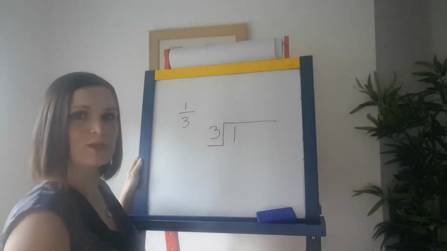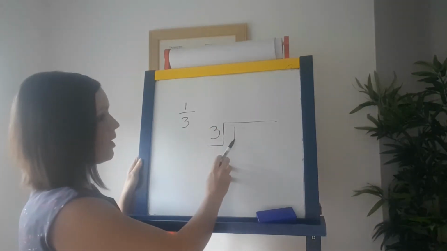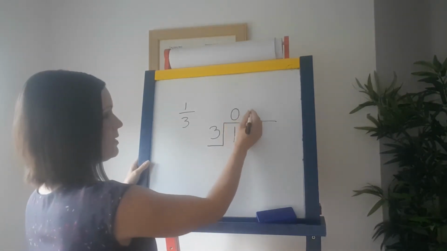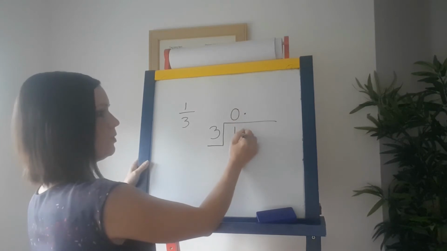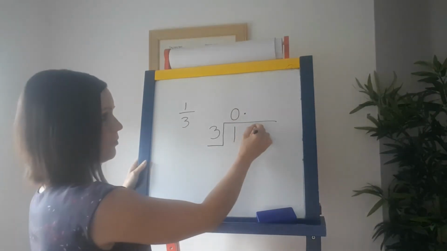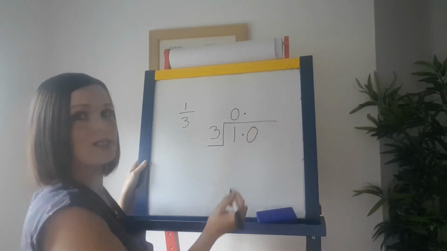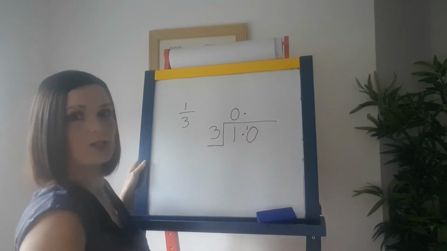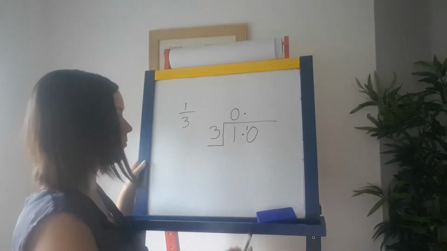Now, if you look at this as a bus stop division, 1 divided by 3, you can't do that. So you write 0. You then put your decimal point and you're going to look at the parts beyond that. And so you add a 0 into your tenths place and you carry your 1 forward that you've not been able to divide with yet.